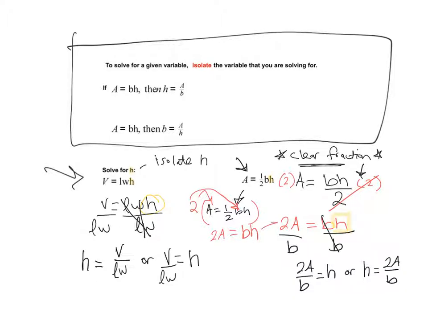And notice here, we have the same steps. So again, we're going to divide by B, and 2A over B equals H. Okay, so either way with a fraction, we're either distributing it or we are multiplying both sides using the multiplication property of equality.